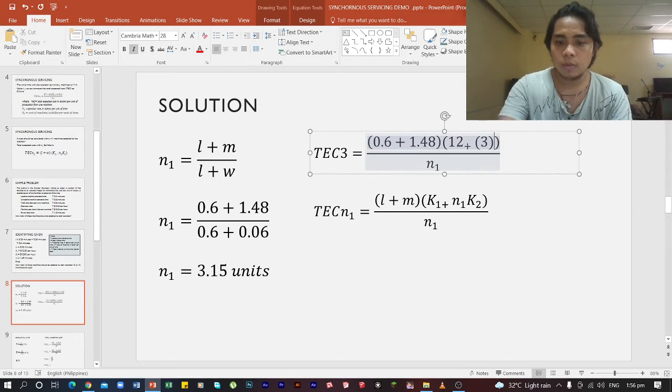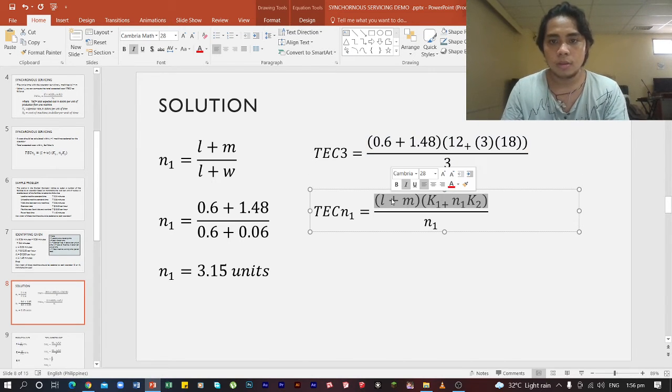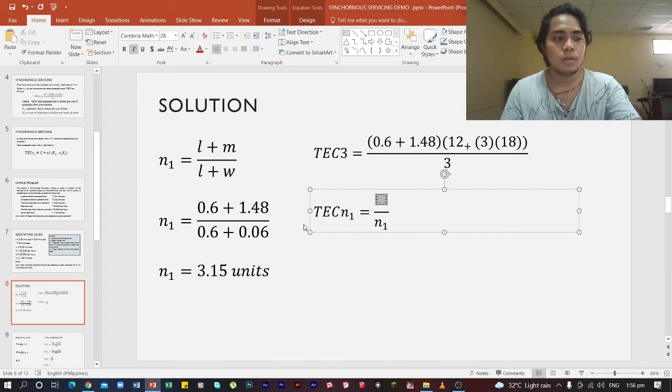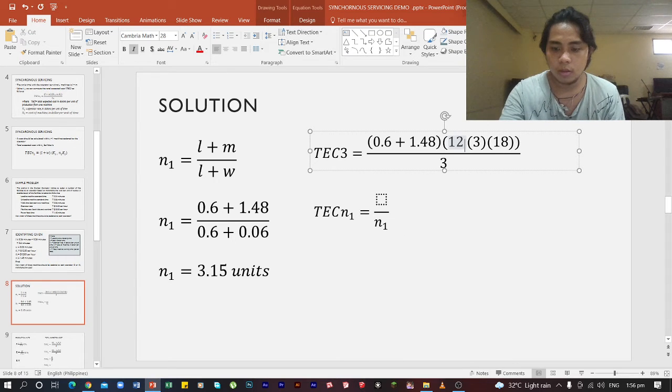Our K sub 2 is 18. Okay, now our N sub 1 is 3. Let's solve. What is the value? 0.06 is 1.48. 12.